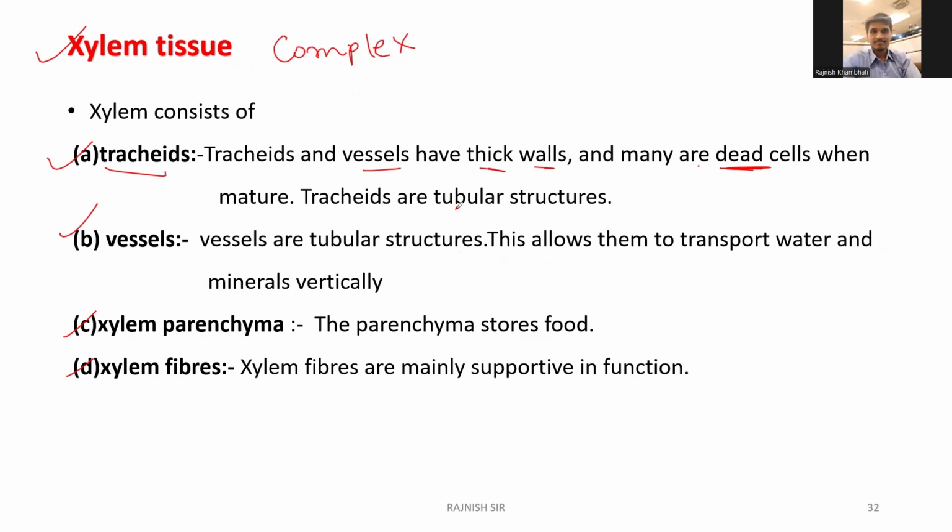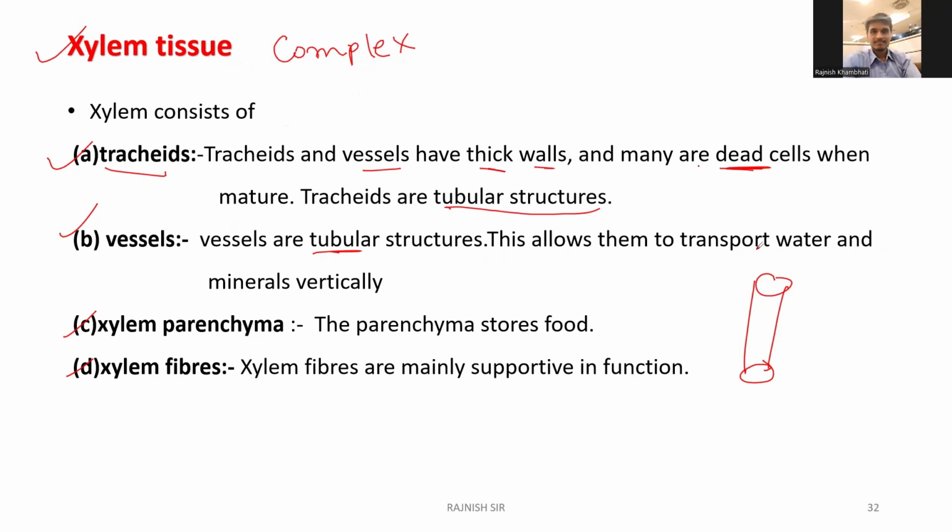Tracheids are tubular structures. They are tube-like structures. If I draw, it is just a tube-like structure. That is it. This tube is known as a tubular structure, the tracheids. The diagram is on the backside, so we have to see this theory first. Vessels are tubular structures, again the same pipe-like structure.